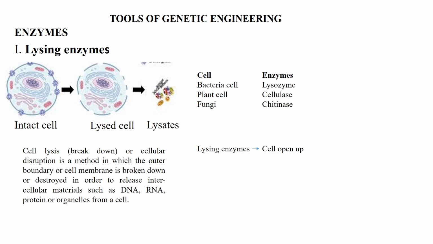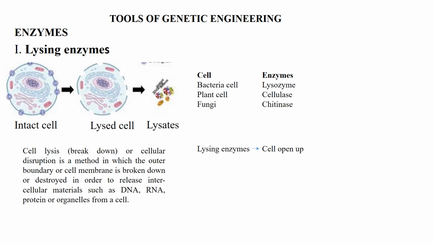Now you see here the intact cell. After allowing the lysing enzymes, the enzyme lysed the cell membrane, and after that the inner content, or the intracellular materials, is released outside, and they are known as lysates.